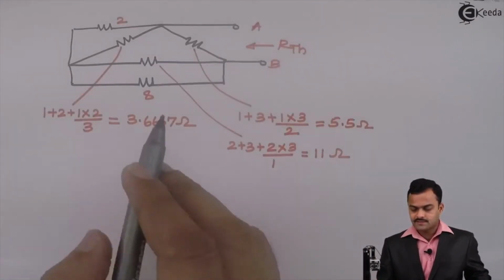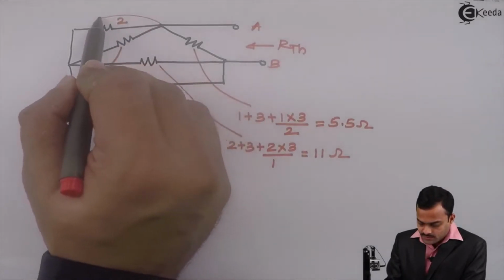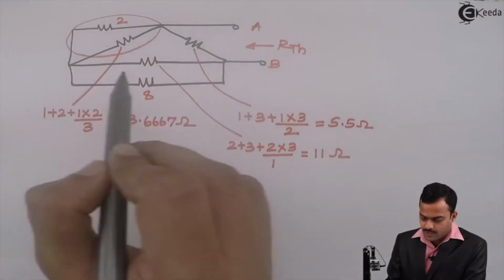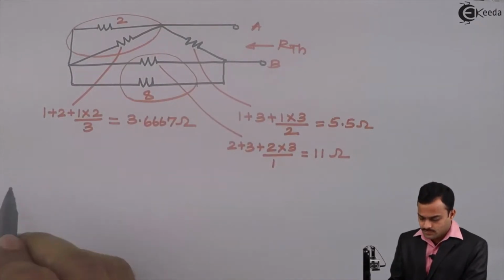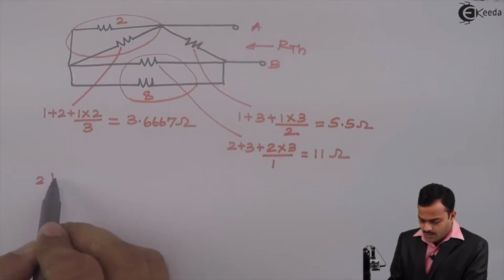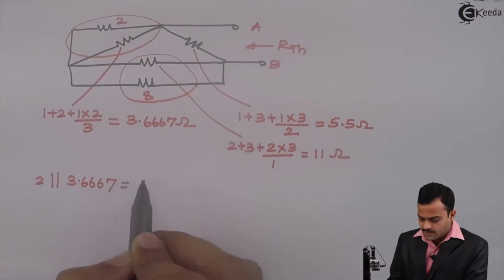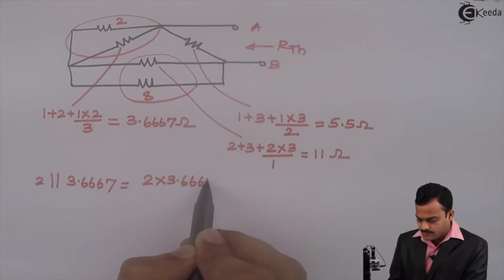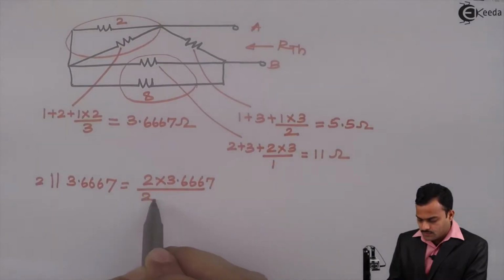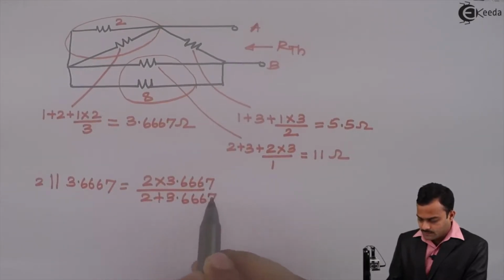I will get a circuit like this, where I can say these two resistances are in parallel, also these two resistances are in parallel. So 2 comes in parallel with 3.6667, which in turn gives 2 into 3.6667 divided by 2 plus 3.6667.